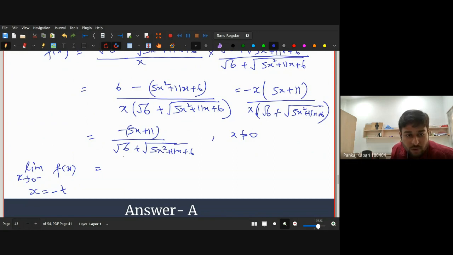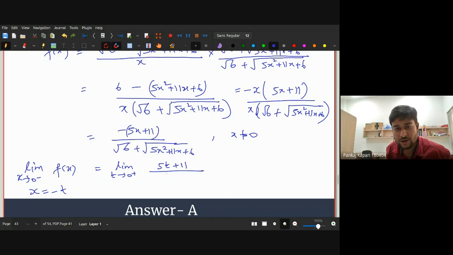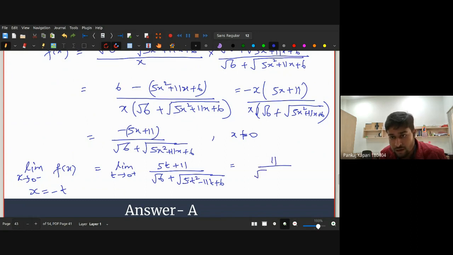So when x approaches 0 from the left, t approaches 0 from the right hand side. Instead of x you put minus t, and now this will become 5t plus 11. Your function becomes root 6 plus root of 5t square minus 11t plus 6, right? Because instead of x we are putting minus t. So what is this limit? We just put 0 instead of t, and the limit is 11 divided by root 6 plus root 6.